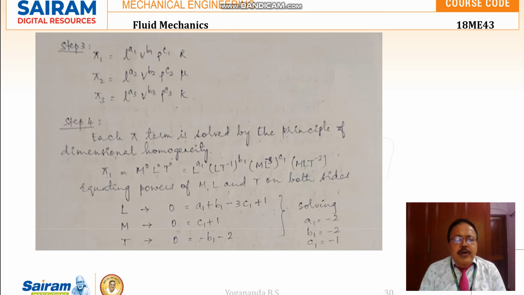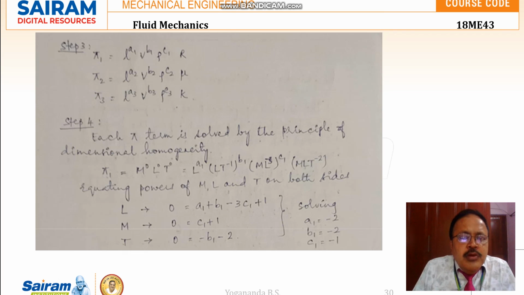Equating the powers of L, M and T on both sides, we don't have L, M and T on the left hand side, so their powers are 0.